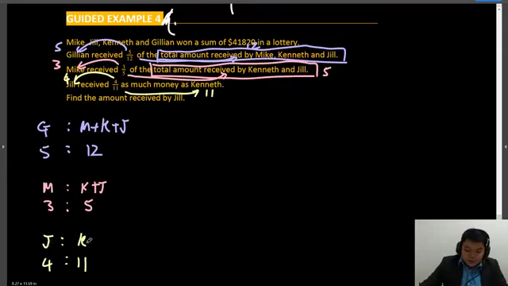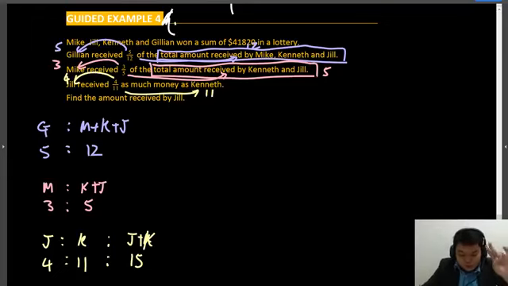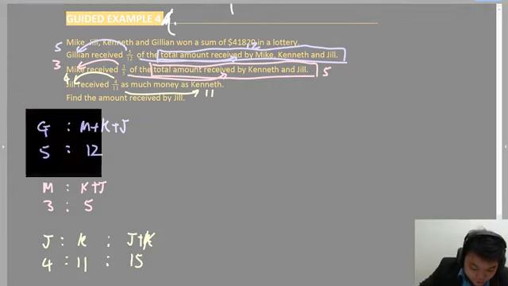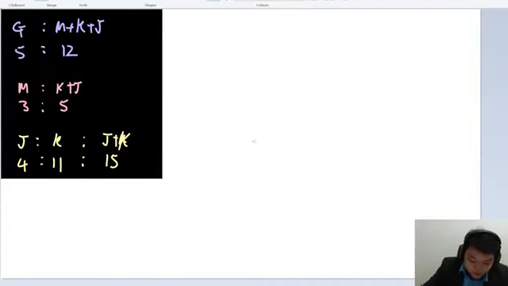So we can see that if we combine up these two will also give you the same K and J over here. Okay, so there are two main ways that this can be done. So let me just save this screenshot first, and I'll explain the other way in a while.